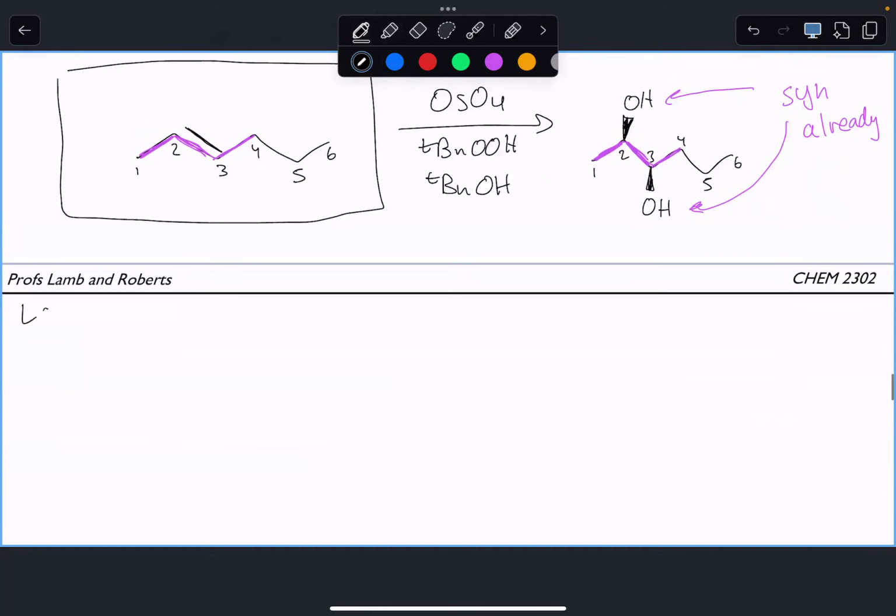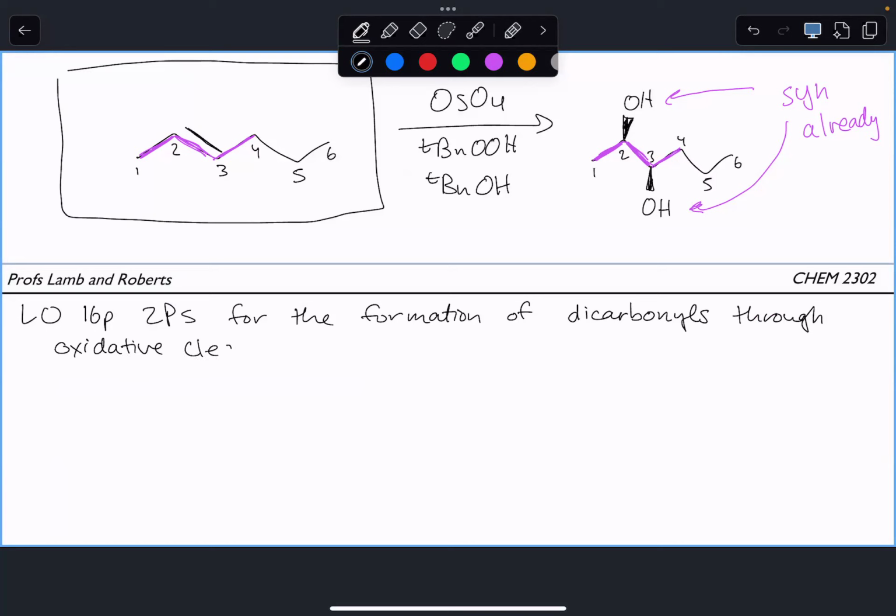So this is our next learning objective, 16P. This is the 2 P's for the formation of dicarbonyls through oxidative cleavage of vicinal diols, which is section 16.11.